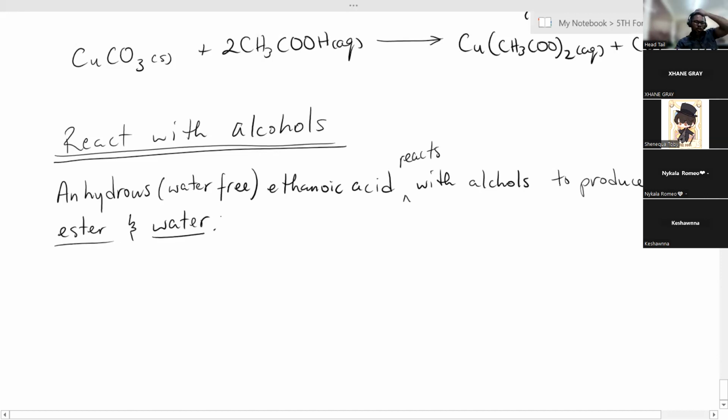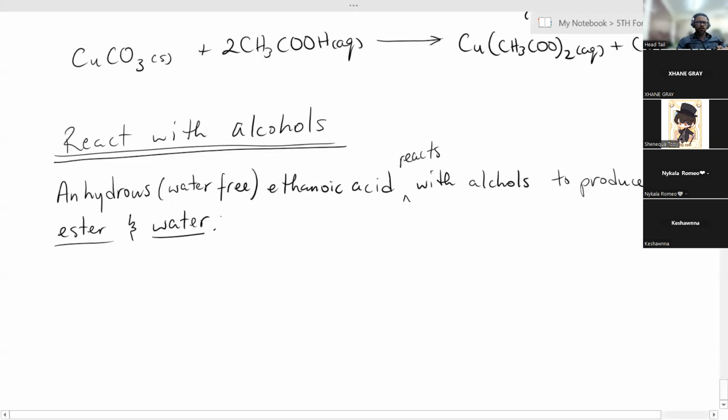Because it produces water, we just call it a type of condensation reaction. Why? Because water is being produced as a result of the reaction. So anhydrous ethanoic acid reacts with alcohols to produce esters and water.